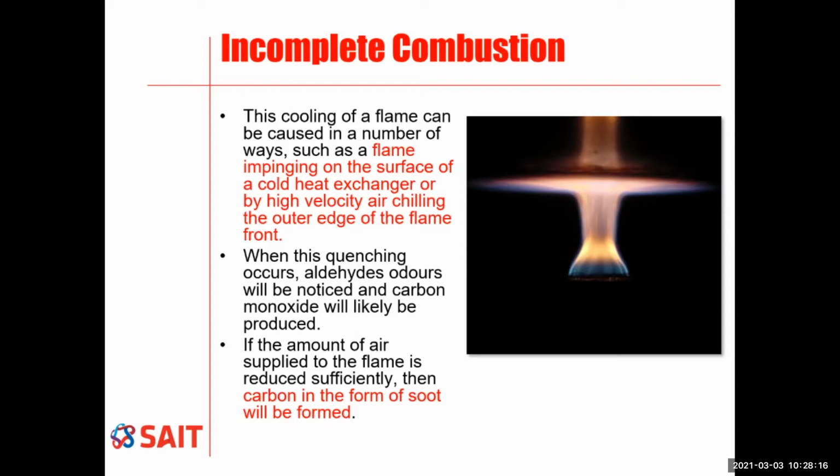What can happen is you can produce soot, carbon monoxide, and aldehydes. So you don't want to cool off the flame through impingement on other things. We want to make sure that flame is burning freely and blue and not impinging on any materials.